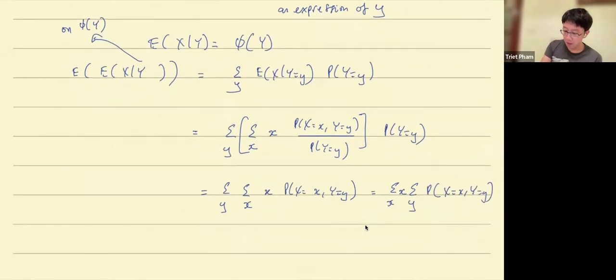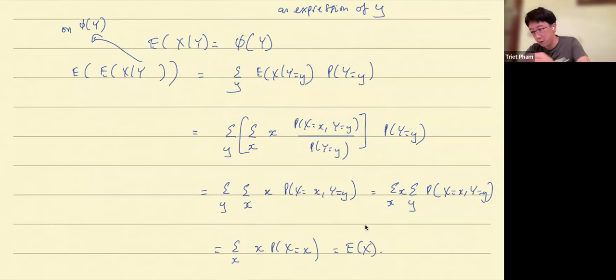And if you sum over the y like this, you just get the marginal probability, which is probability x equals x, which of course is x. You understand? Any question?